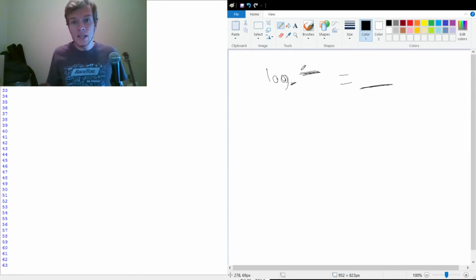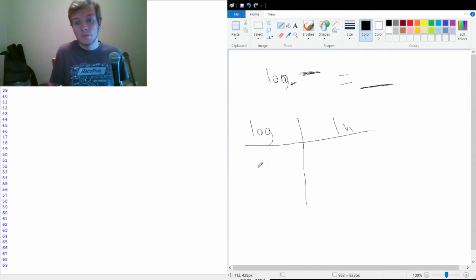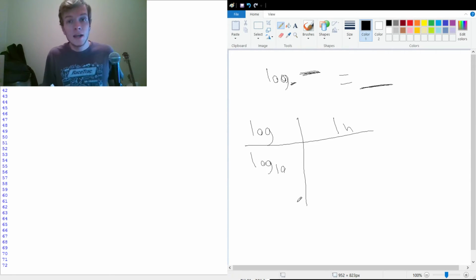But on a calculator, if you were using a logarithm, you would usually see two things: log and ln. I'll explain what these are right now. Log is actually log base 10. This is just something that is used commonly.